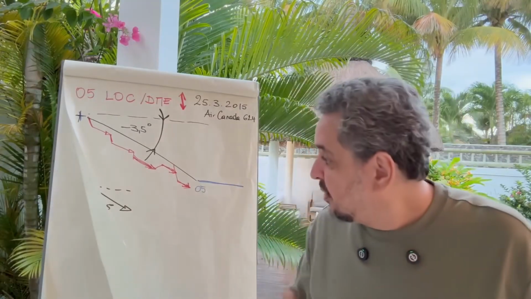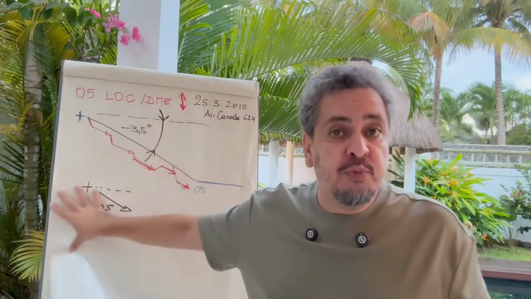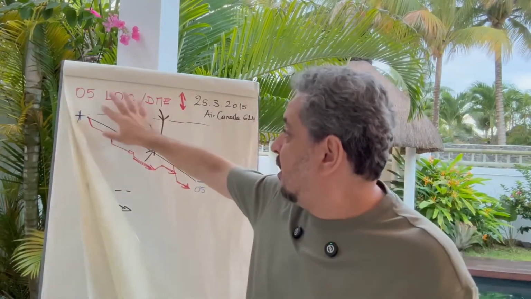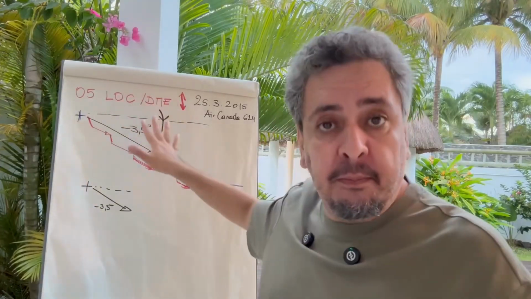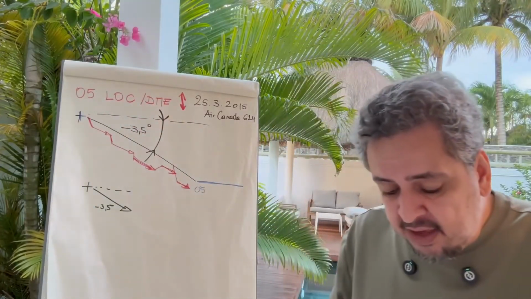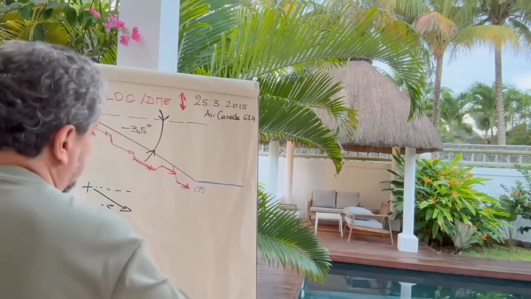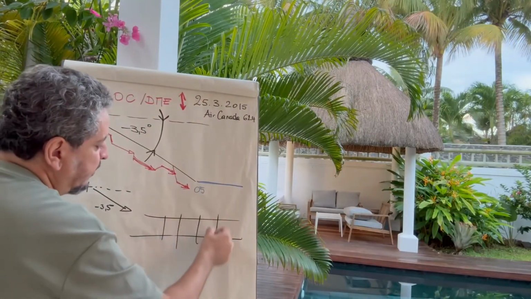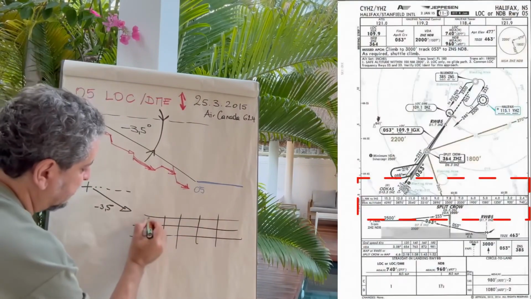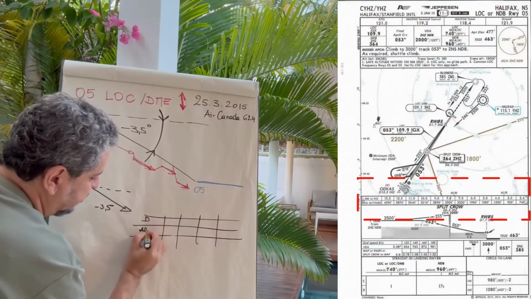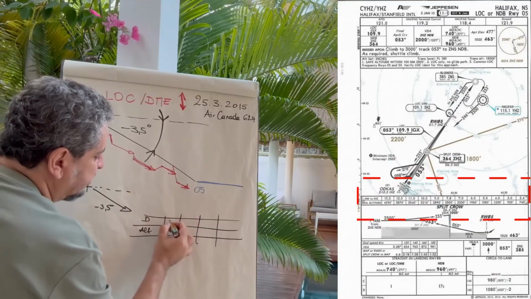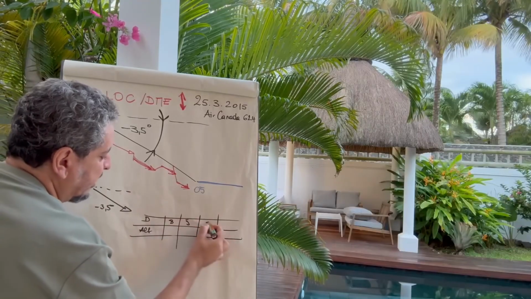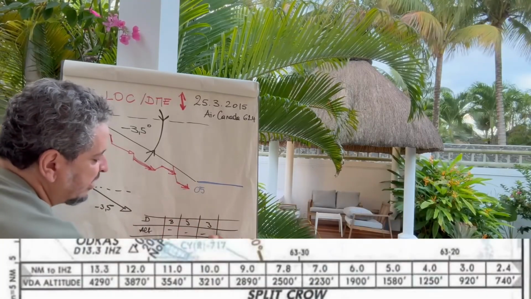So there you go. If you take the published approach for the 05 in lock DMI by GPZ, there's a small table like this. And this table gives you distance and altitude. So you're going to have the distance, let's say 8.5, then the altitude that goes with it.